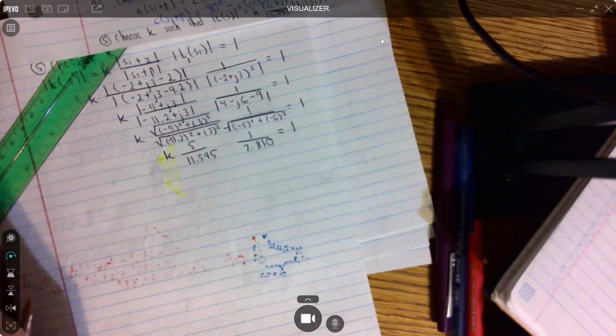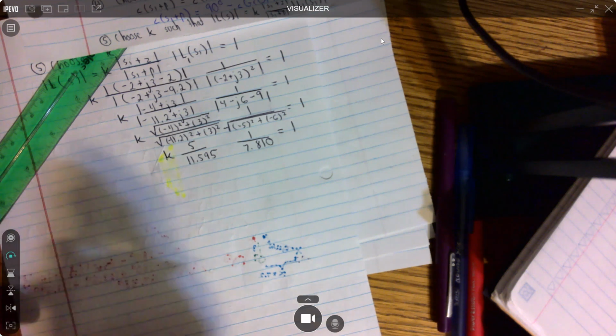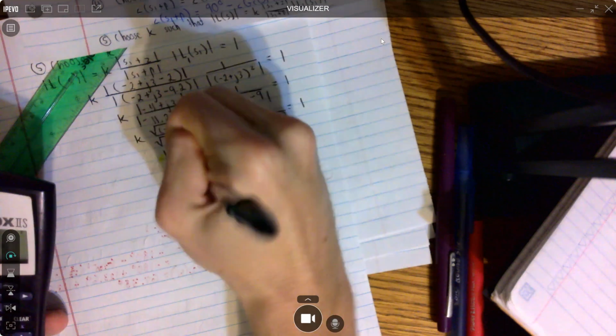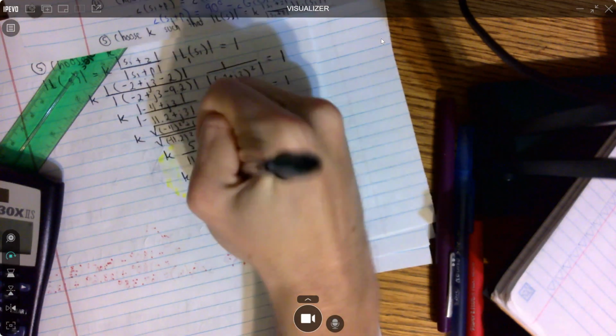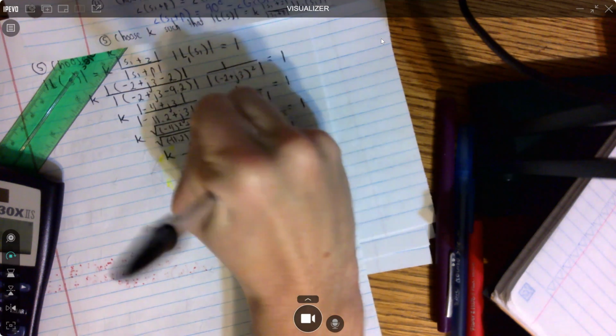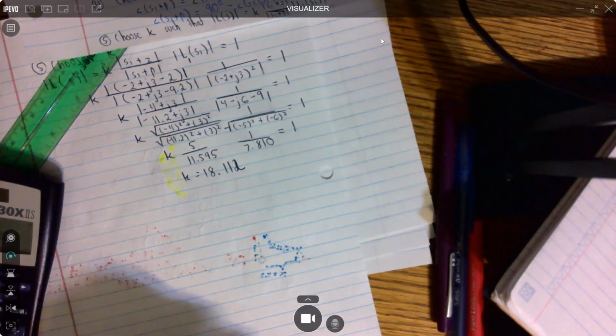Okay, so if I multiply this together, I'm going to have 1 divided by this, multiplied by 5 divided by 11.595. Then I do 1 divided by that, move it over to the other side. K is equal to, and here what I got specifically was 18.11, or 18.112 if you want to be more exact. So that's what I got my K to be.